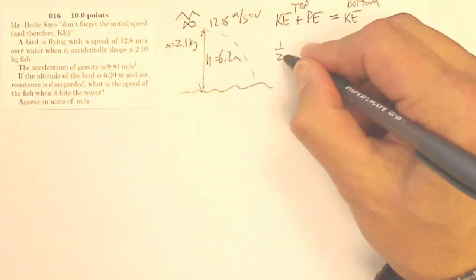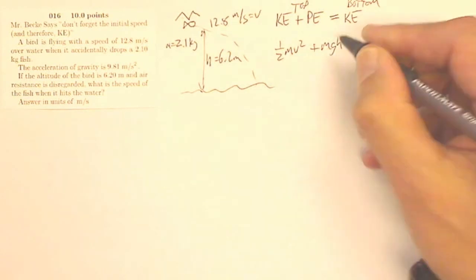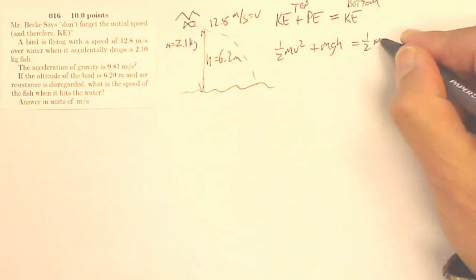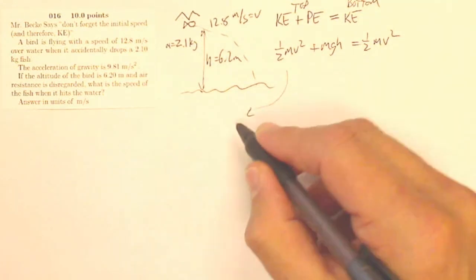So I've got 1/2 mv squared plus mgh at the top. And on the bottom, I've got 1/2 mv squared. So at the top, I'm going to complete this down here.